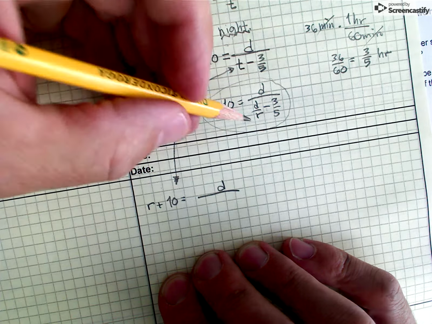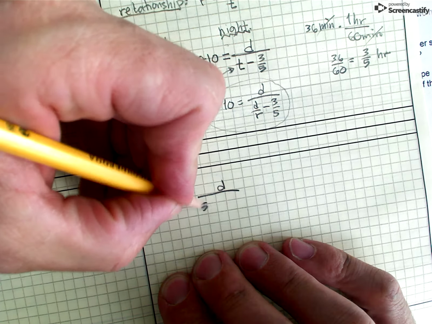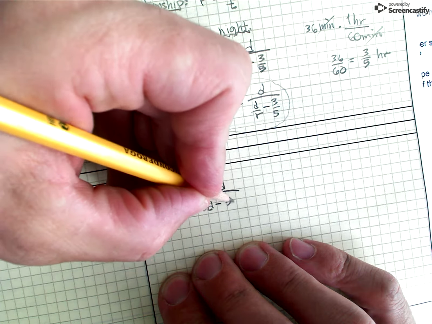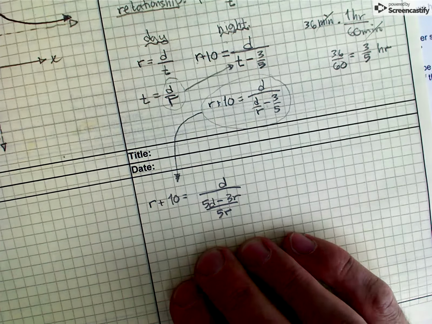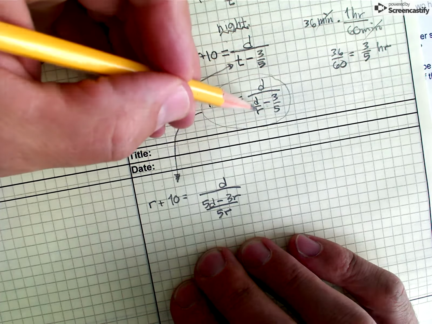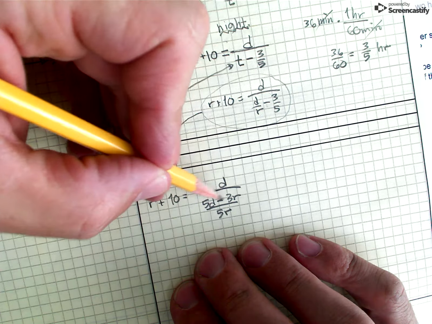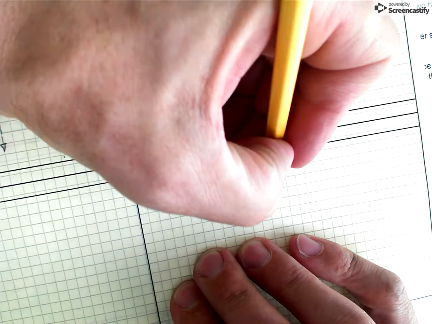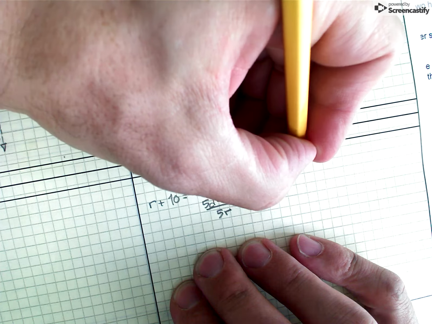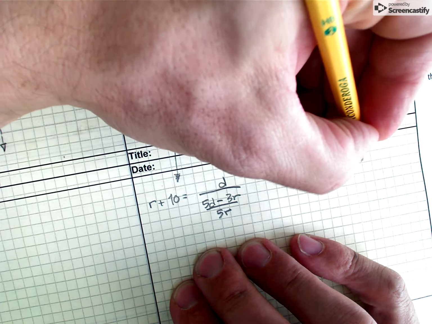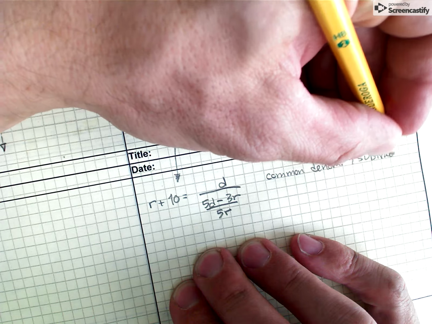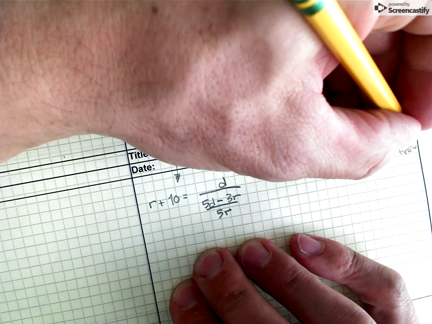But on the right side, I'm going to just find the common denominator and do the subtraction like that. So think about how you would find a common denominator and do this subtraction. You should end up with a result like that. Okay, so we found a common denominator, and we subtracted fractions.